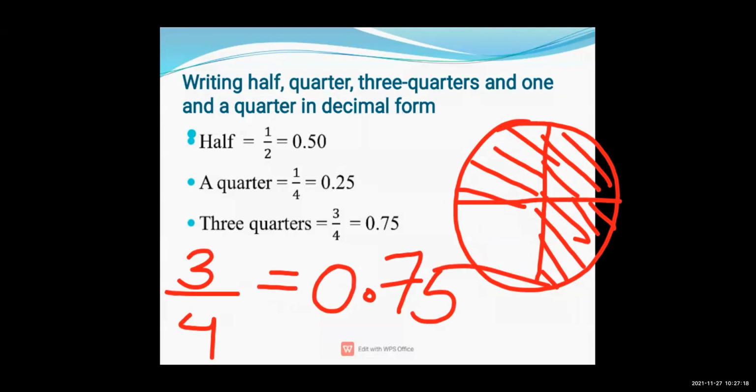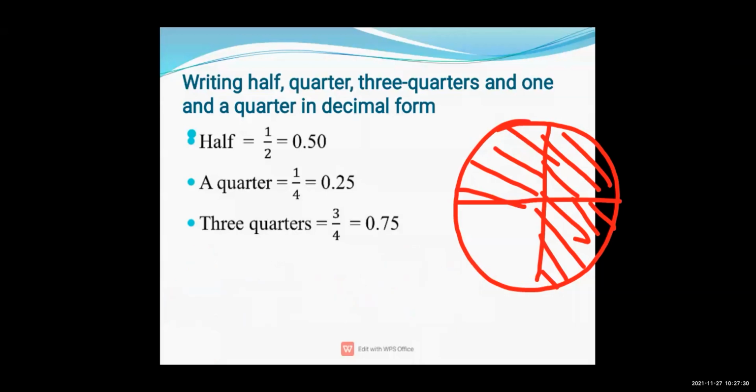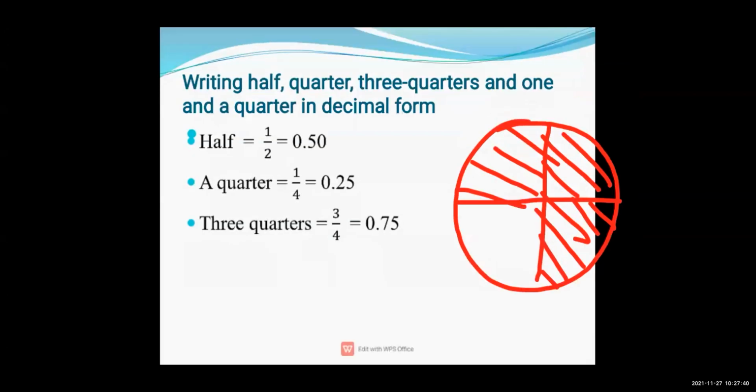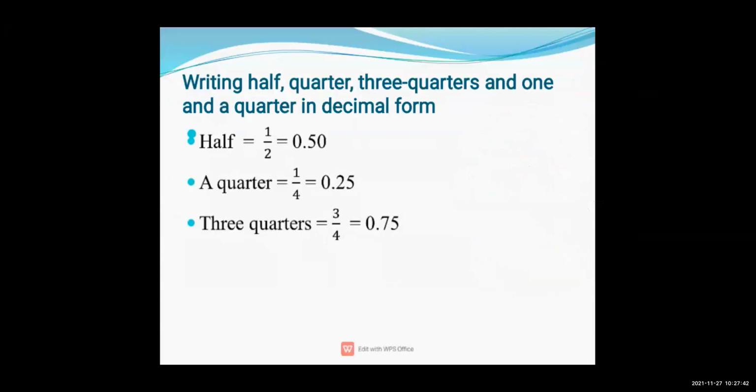In this way, you are going to write the decimal form of the following fractions: half, quarter and three quarter. Half means 1/2. 1/2 will be written in decimal form as 0.50.